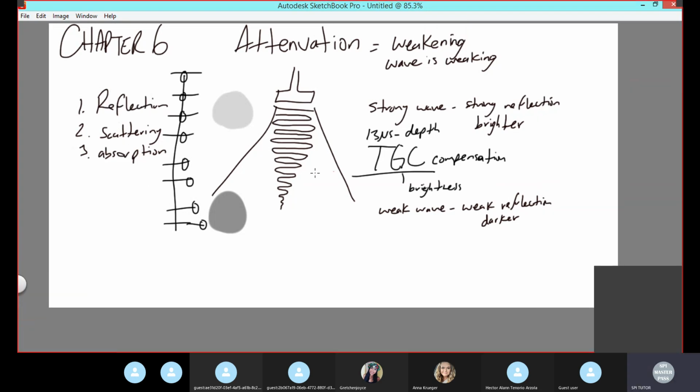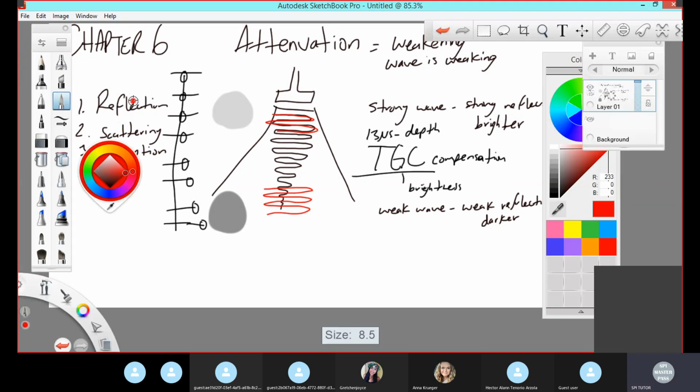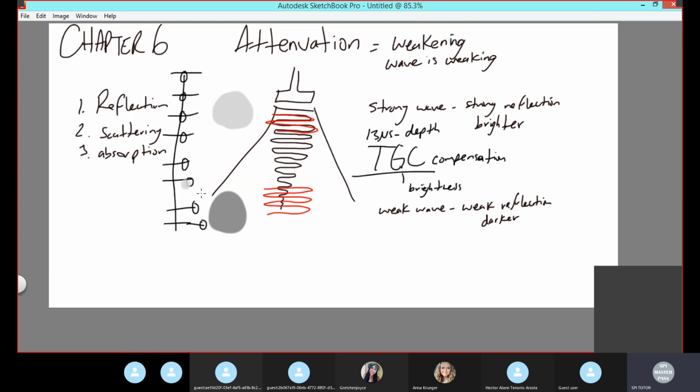Eventually, you want this strong wave to be the same down here. Once you do that, you have an even playing field, and now you can compare your masses. Who knows, it might be the same kind of mass. It started out looking different, but after you did this, you're like, oh wow, it's actually the same kind of mass. Okay. Does that make sense?